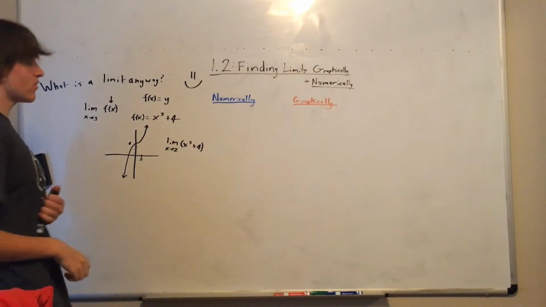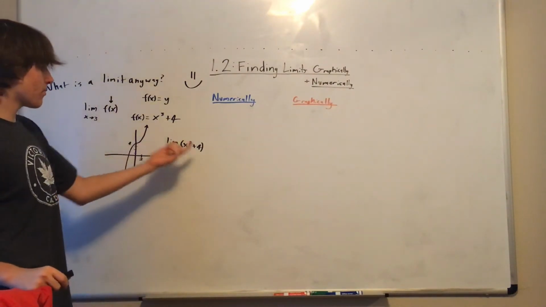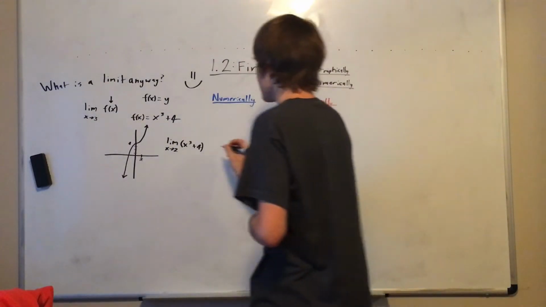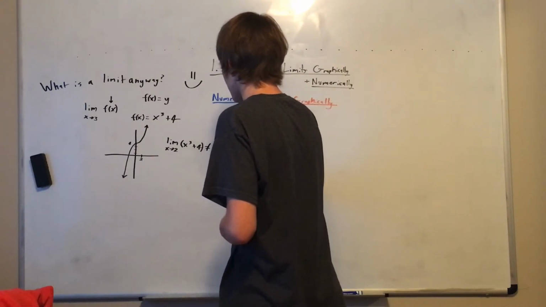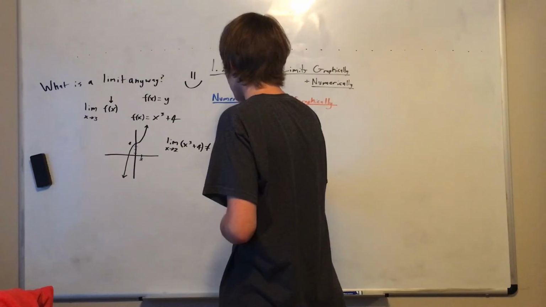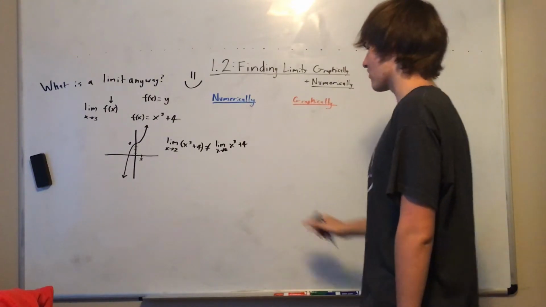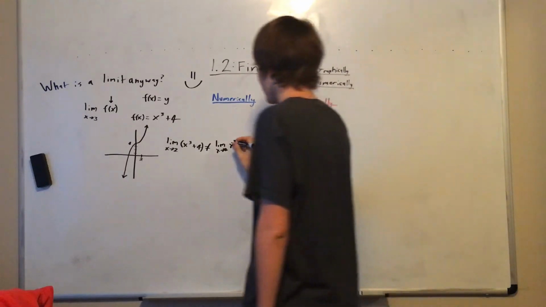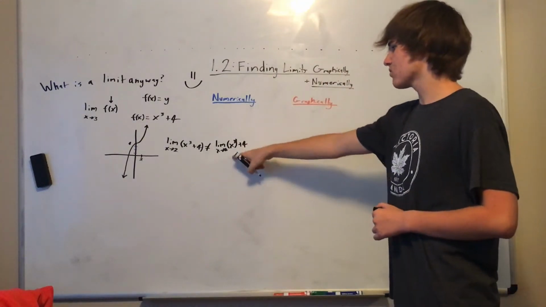Make sure if you have things that are added together in your function that you put parentheses around it, because this statement right here is not the same thing as this statement that I'm about to write right here without the parentheses. This statement right here is saying that you're evaluating the limit at x goes to 2 of the function x cubed, plus 4.